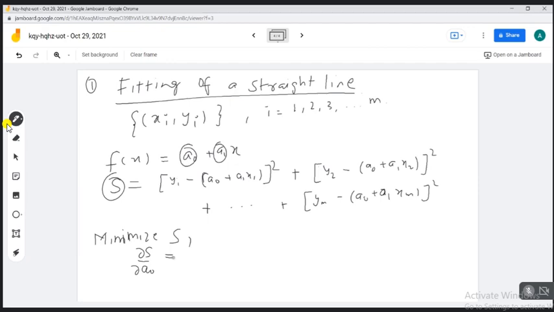So what happens when we differentiate S with respect to a0?